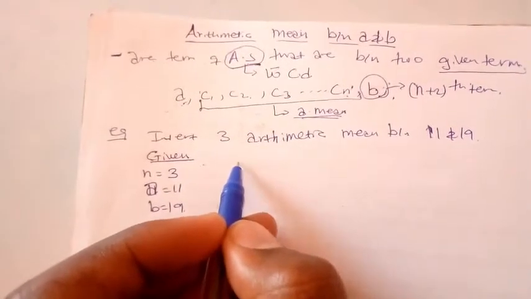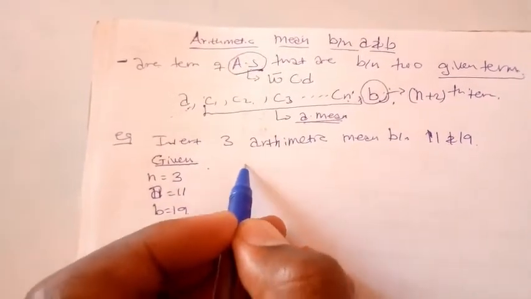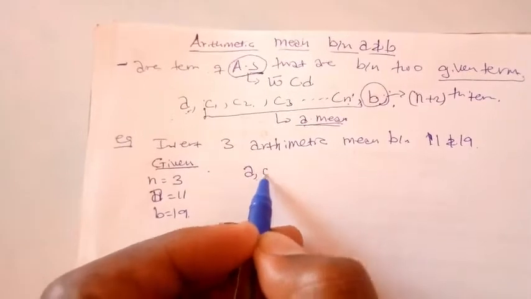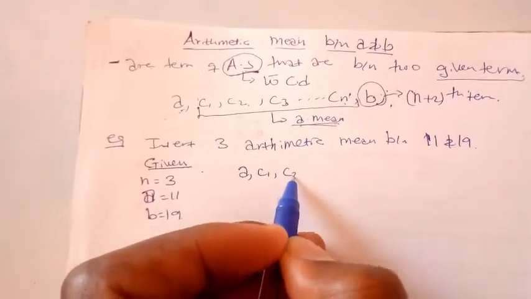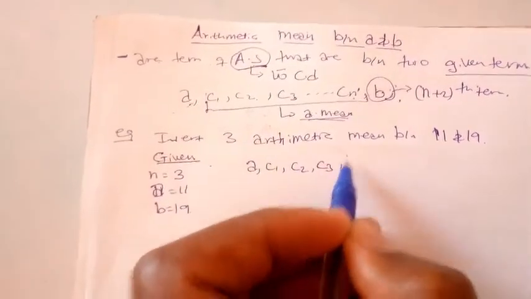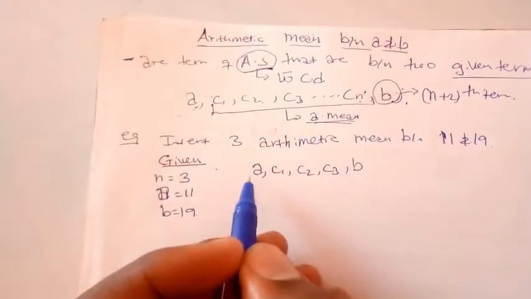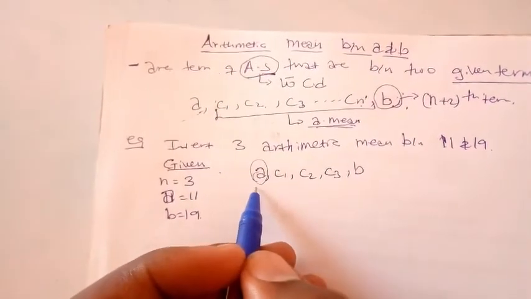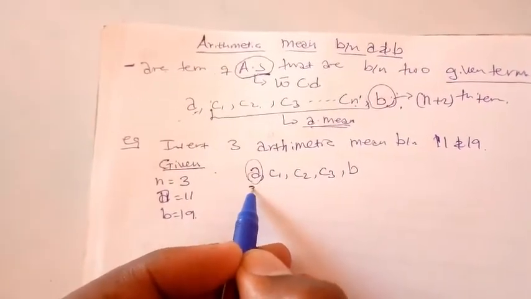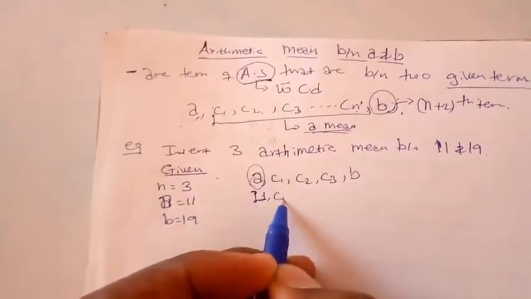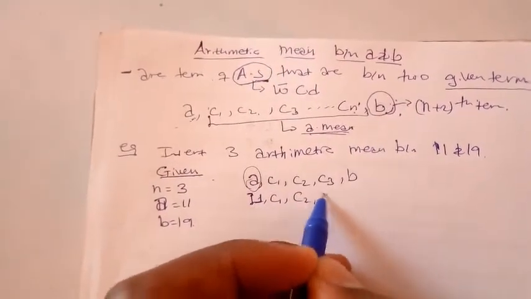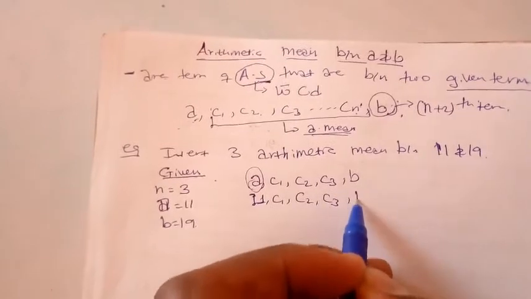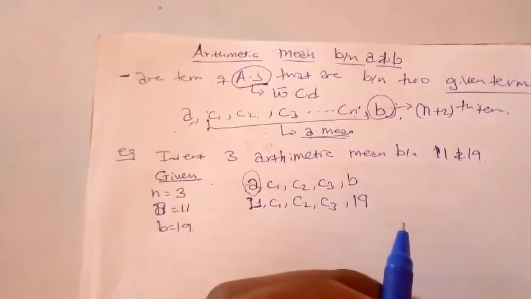And when we write using listing method, a comma c1 comma c2 comma c3, then b, the value of a is already known, that is 11, then comma c1 c2 c3, and finally the value of b is 19.